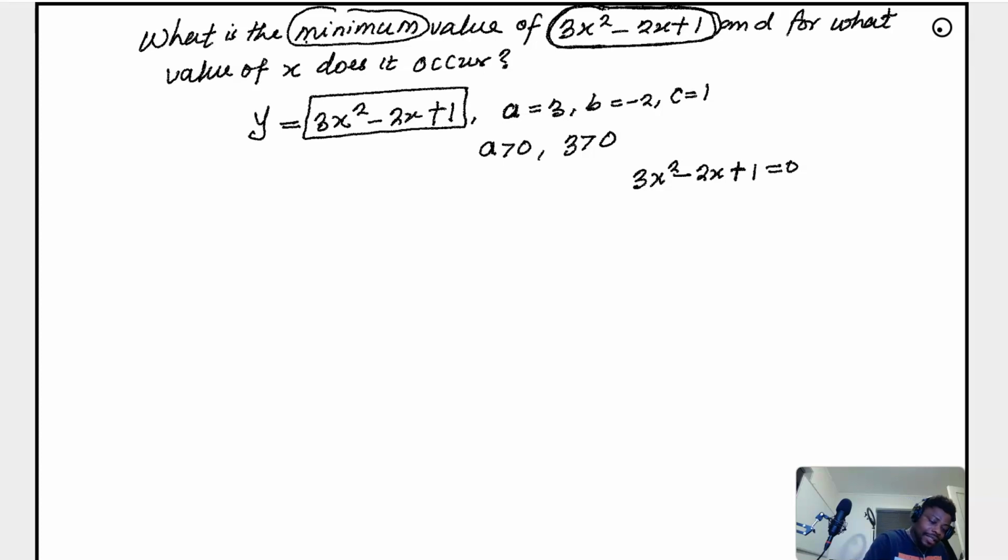So, in this case, I have 3x squared minus 2x. I can take plus 1 to the other side. So that is minus 1, right? And for you to apply completing the square method, remember that the coefficient of the variable with the highest power must be 1. So I divide through by 3.